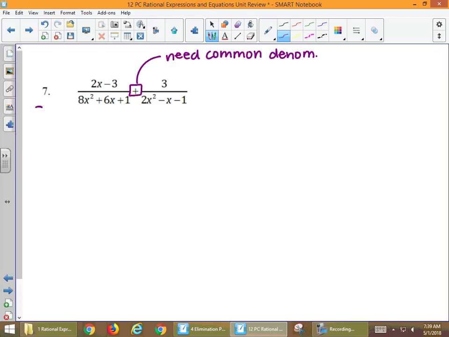8 times 1 is 8. Two numbers that multiply to 8 and add to 6 are 4 and 2. So I'm going to leave my 8x squared out here, plus 4x plus 2x plus 1.